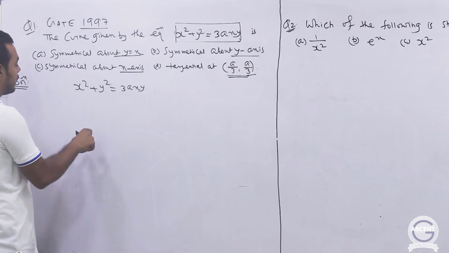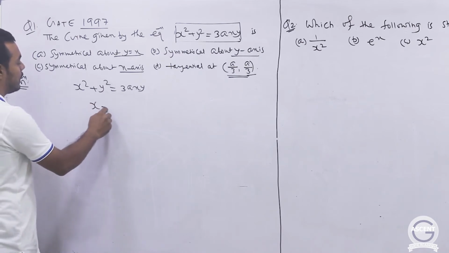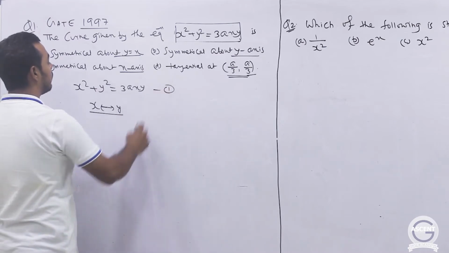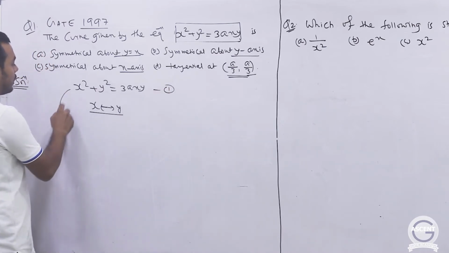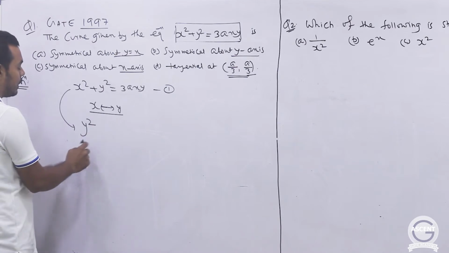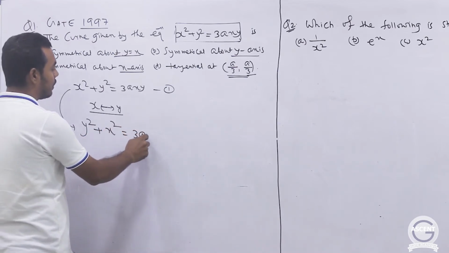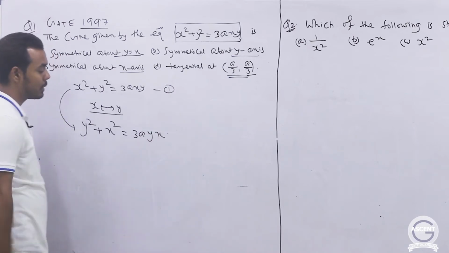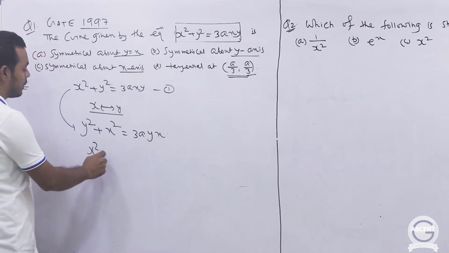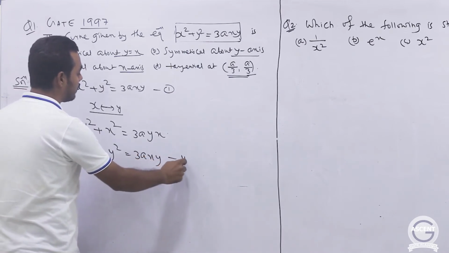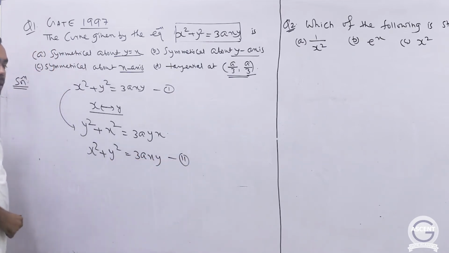In this particular example you can easily see that if you interchange x and y, you get y in place of x and x in place of y. Now this equation can be rewritten as x square plus y square equals 3axy.